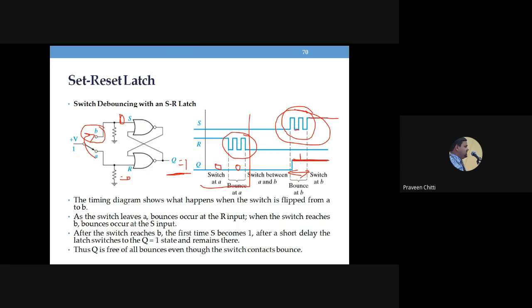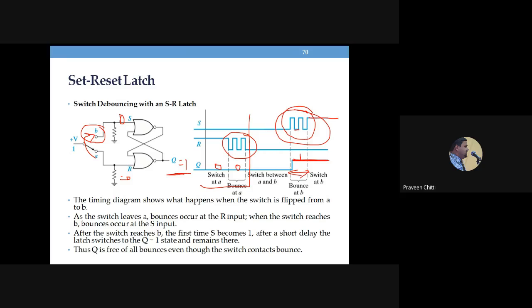So any doubts here? Did all of you understand how an SR latch can be used for switch debouncing? Basically, debouncing means there will be multiple opening and closing, or multiple on and off, or the value will change from 0 to 1 several times before it assumes its final value.